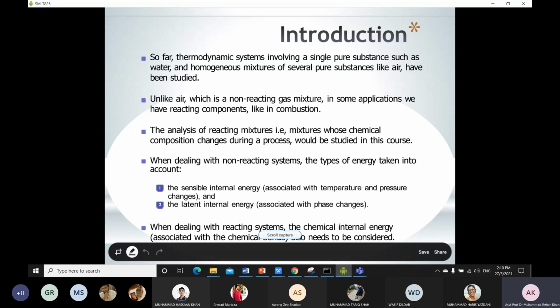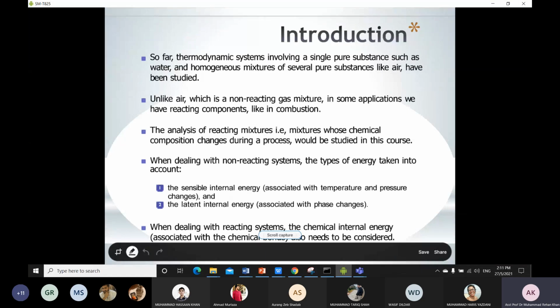Okay, so combustion is basically a combination of reacting components. The reacting components react together, and due to the chemical reaction, the combustion takes place. The analysis of a reacting mixture, that is a mixture whose chemical composition changes during a process, is what we will see in this lecture: how to analyze this type of combustion process.